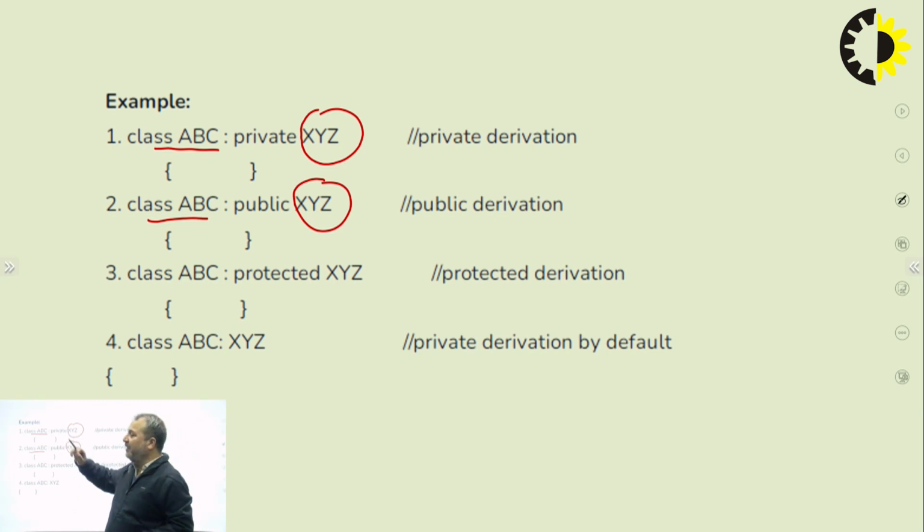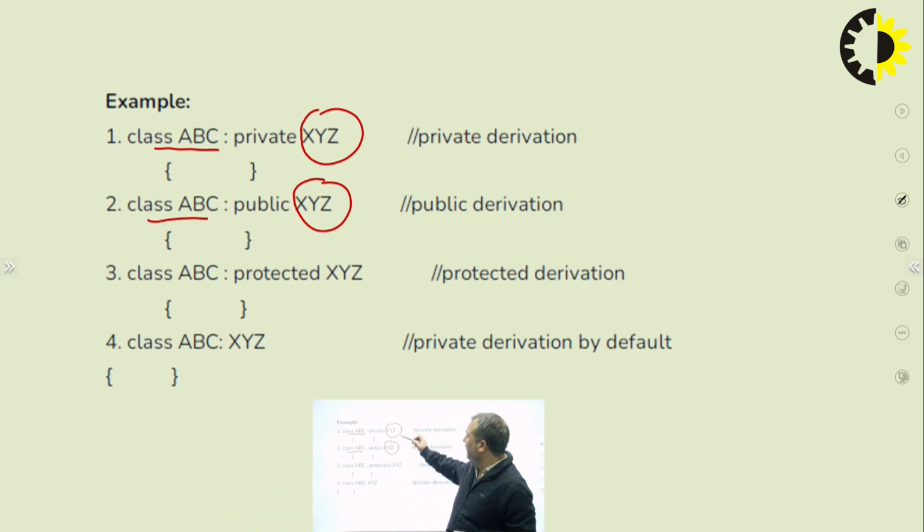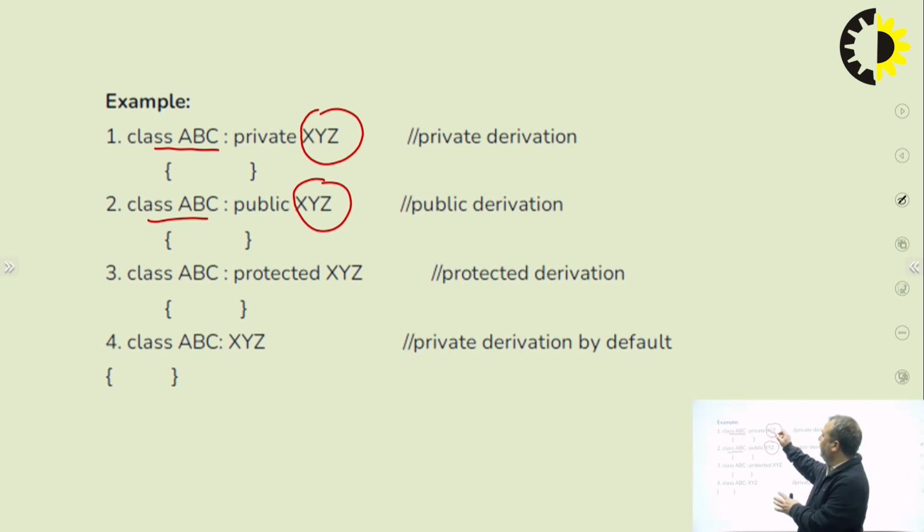Suppose you have used private, then if we are doing private derivation, the public and protected members of the base class also become the private data of this ABC class, right?